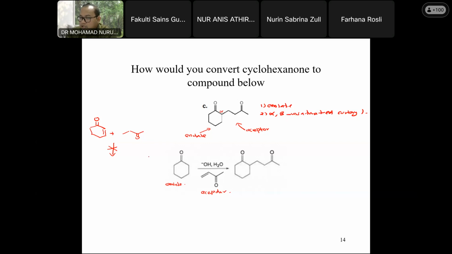So you have to change your answer: this one becomes the enolate, and this one becomes the acceptor. I hope it's clear, because you cannot make this one the acceptor and this one the enolate, because the coupling happens at the alpha position.